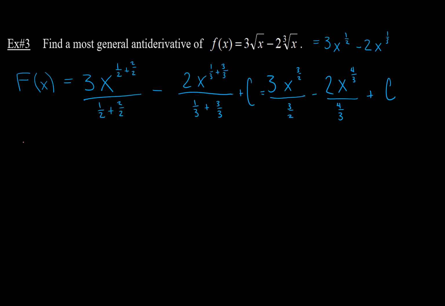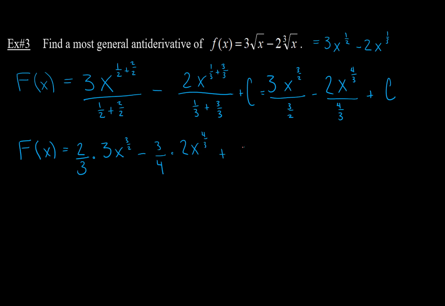Alrighty, but we are not done yet. Keep in mind, this is not fully simplified. If I am dividing by a fraction, I'm actually multiplying by the reciprocal. So I'm going to multiply this first one by 2/3. Then I'm going to multiply the next one by 3/4.